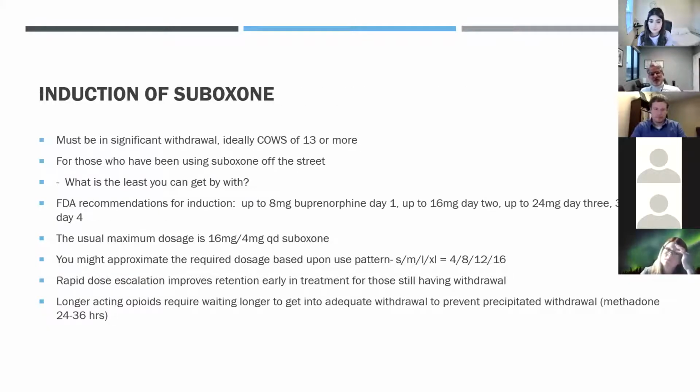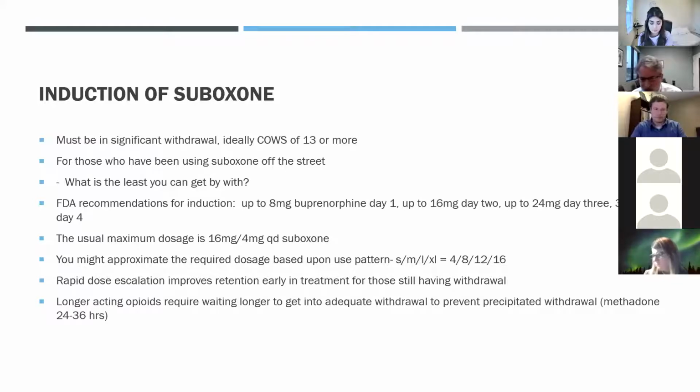All right, so let's talk about how you get people onto Suboxone. Suboxone has some unique properties. Because buprenorphine is a partial agonist, if somebody has a physiologic dependence on opiates, you can't just start them immediately on Suboxone while they have opiates in their system.